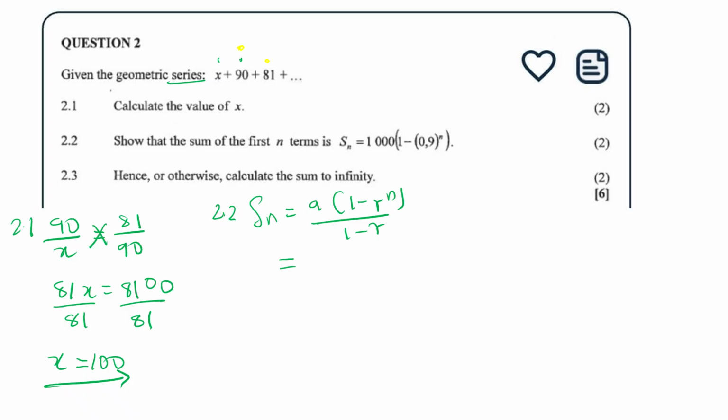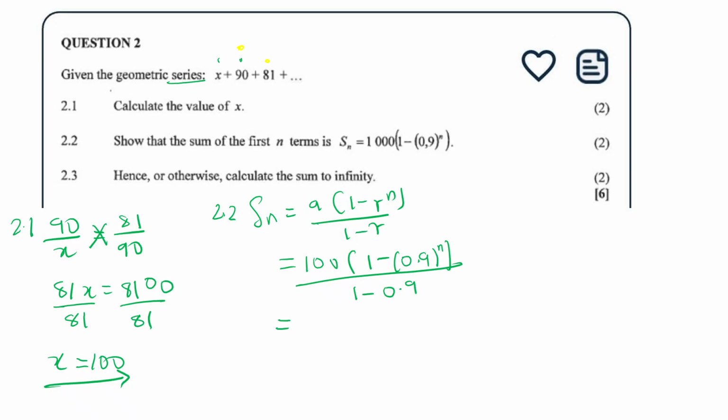Therefore now our a is 100, 1 minus our r, which is 0.9, right? 0.9 to the power n, we don't have n, right? To the power n over 1 minus 0.9.